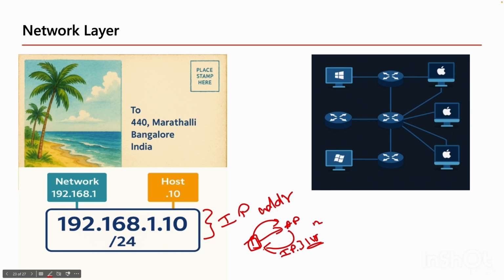It can change as and when you connect to a network. Suppose you go to your office, you get a different IP address, right? And you come back home, you get a different IP address. You connect to your neighbor's SSID or neighbor's network, you get a different IP address. So the IP address always changes for your device, and that is why this is called a logical address.